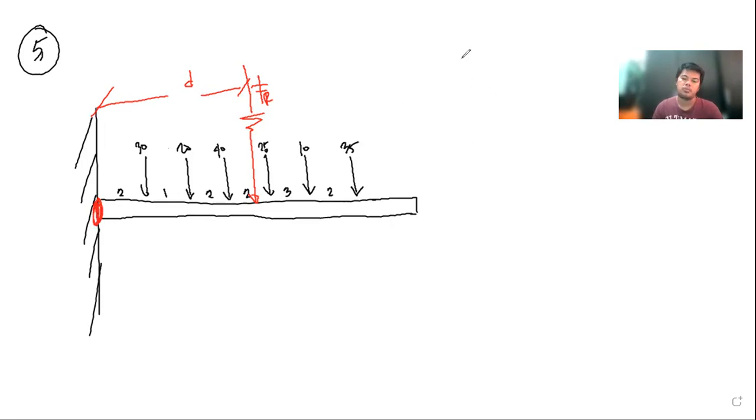These are all coplanar forces but non-concurrent. So we begin with the calculation of the resultant force. The resultant force, FR, is equal to the summation of the forces along the y-axis.